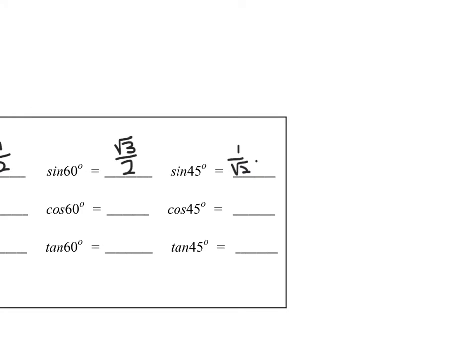We're going to do what's called rationalize the denominator. So to do that, we're going to multiply the numerator and denominator by root 2 over root 2, because we don't like to leave square roots in the denominator. And what that gives us is square root of 2 over, this becomes square root of 4, which is 2. So root 2 over 2 is how you commonly see 1 over root 2.